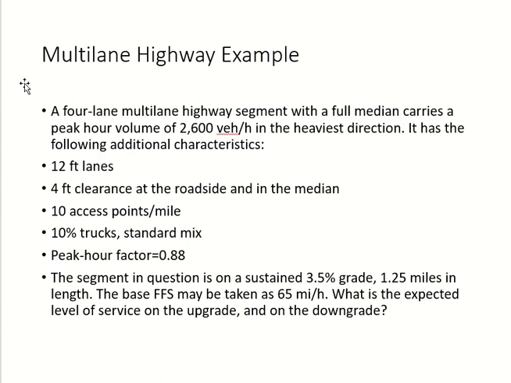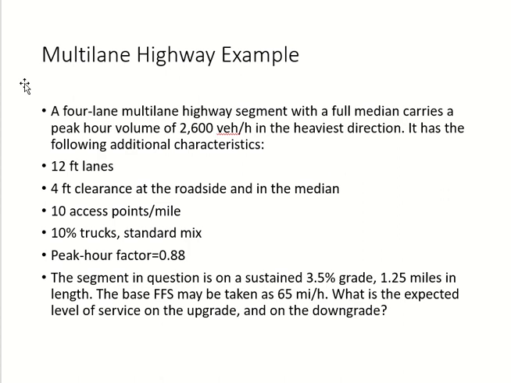Should I find it? We have it, but this one is base free flow speed. So there's a difference between free flow speed and base free flow speed. This one is base free flow speed. So we have to find out the free flow speed.